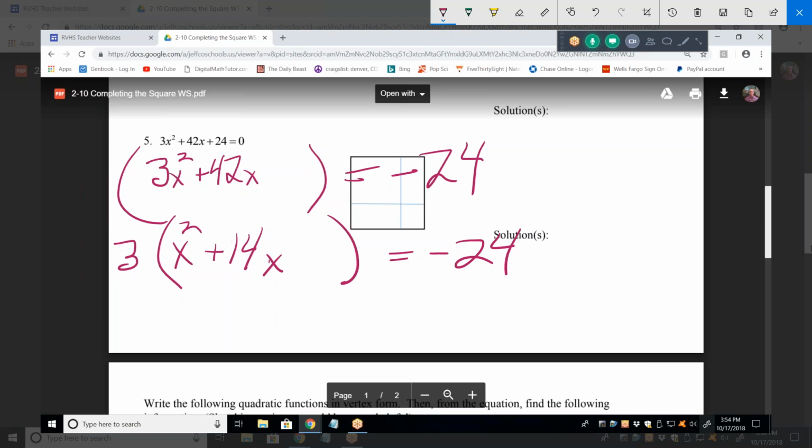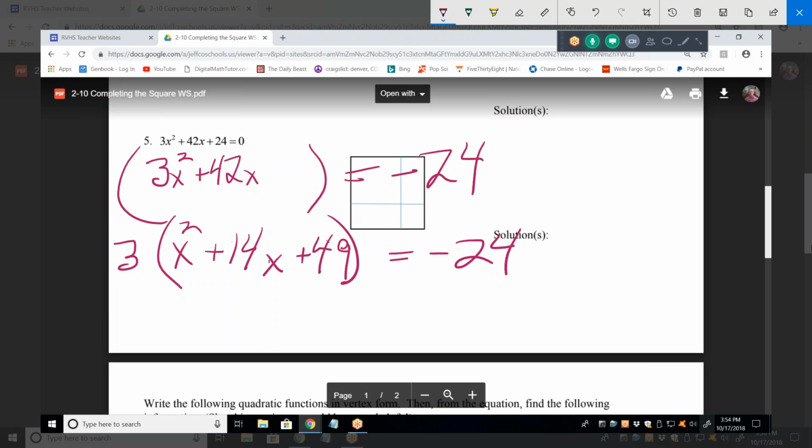Now, let's complete the square. So plus 7. Well, you have to take half of that 14 and then square it. Remember the word, complete the square, because you're forgetting to do that squaring part. Okay, so 49, right? Just for a second, I'm going to do this.